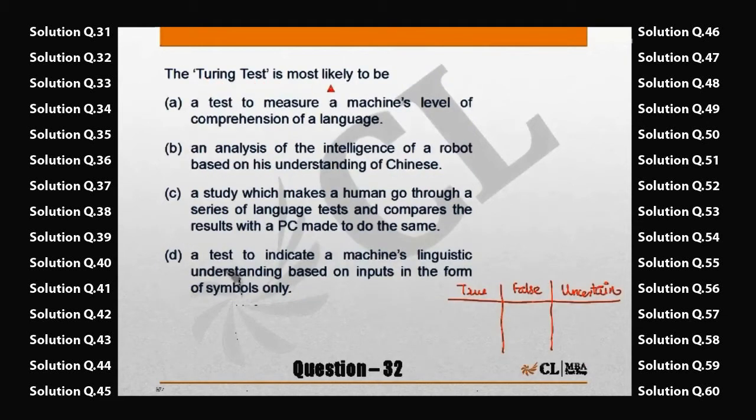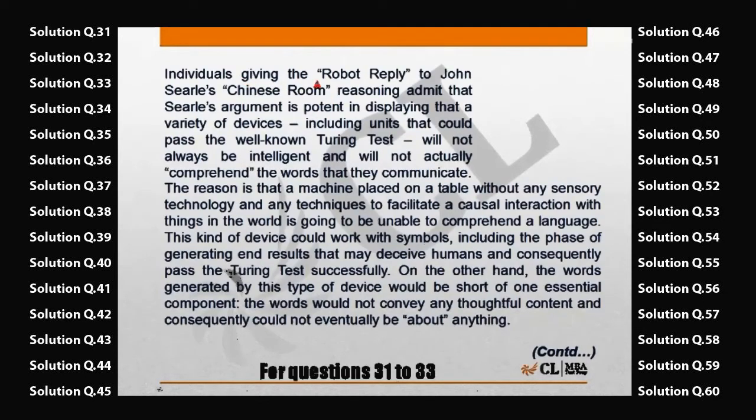The Turing test is most likely to be... This is a slightly tough one, but using this concept of true, false, uncertain, at least we can eliminate. So we probably will have to go back and read about the Turing test. Let's do that once. This is what it says: Robert replied to John Searle's Chinese room argument.